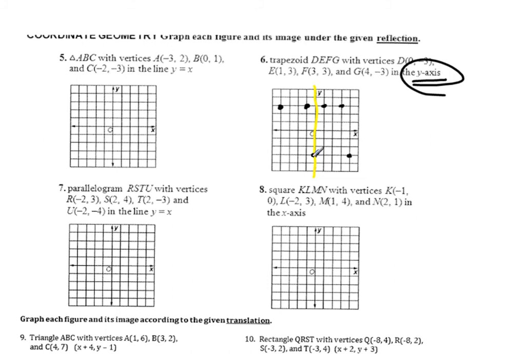This point is going to remain on the y-axis because it's on the y-axis and you can't flip it over the y-axis if it's on it. And this point is 1, 2, 3, 4 away from the y-axis, so we go 1, 2, 3, 4 away from the y-axis this way. And then we're going to make it into a pretty little trapezoid. Not very pretty, but that is a reflected image.